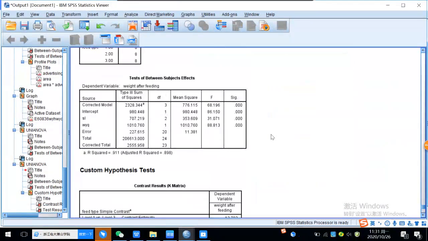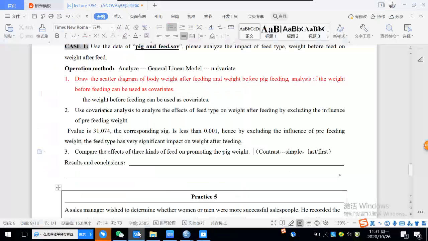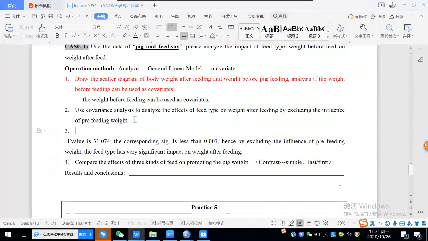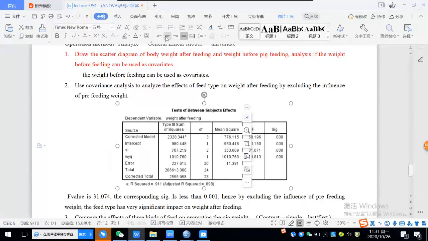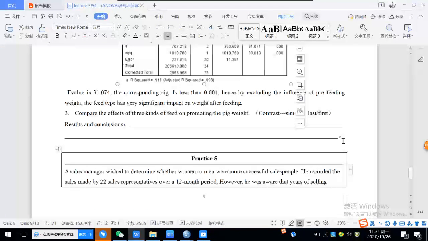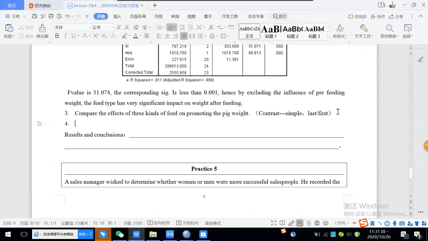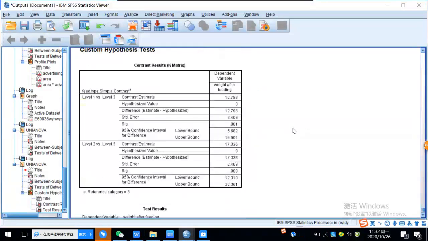Let's look at here. Here is the contrast.